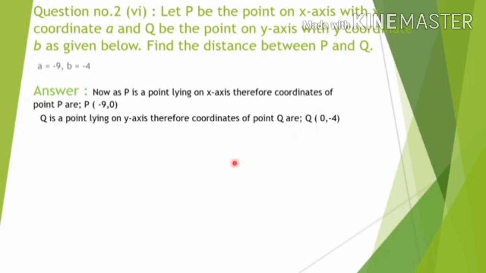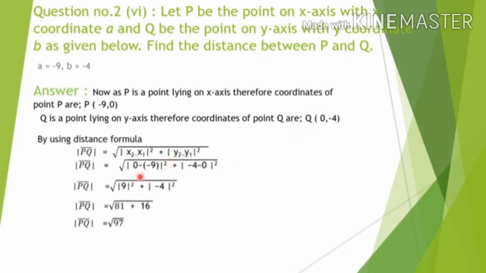Now we just have to apply the distance formula as we did earlier. 0 minus 9 whole square, and here we will have minus 4 minus 0 whole square. So now we just have to simplify it. 9 square plus minus 4 square. If we simplify it, we will have 81 plus 16 under the square root. And the distance between the point P and Q would be square root 97.